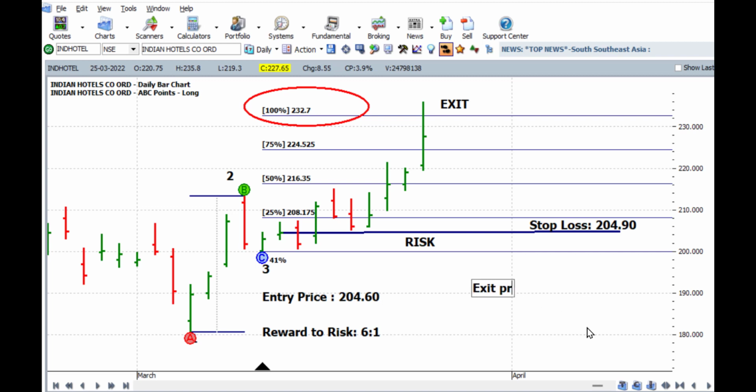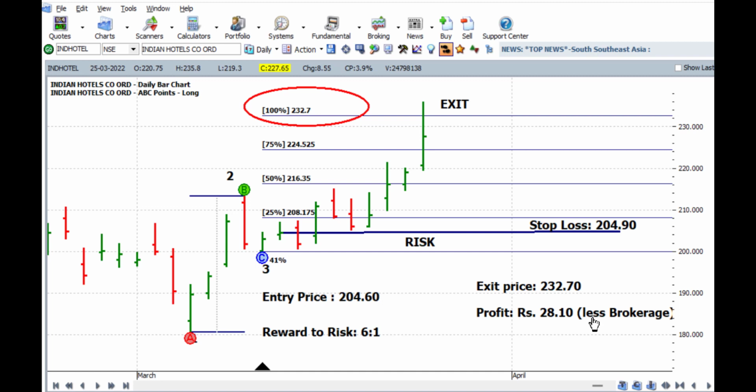The exit price is 232.7, because we have achieved our target, and we have made a profit of rupees 28.10, less brokerage, on this trade.